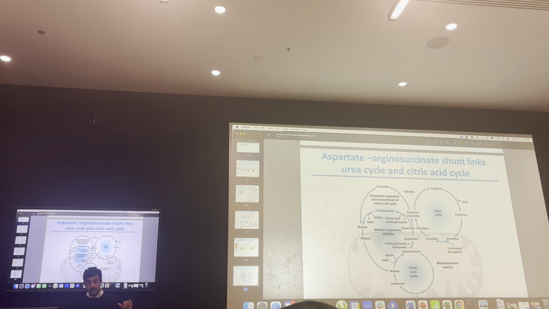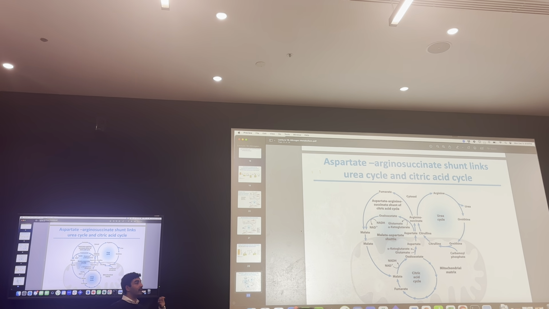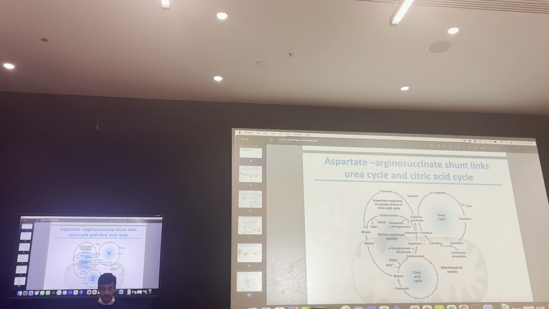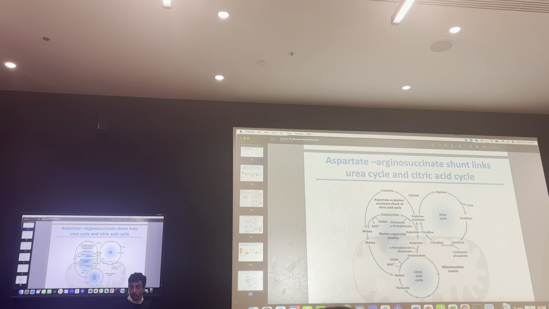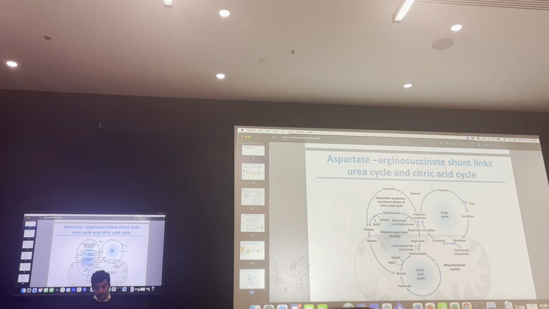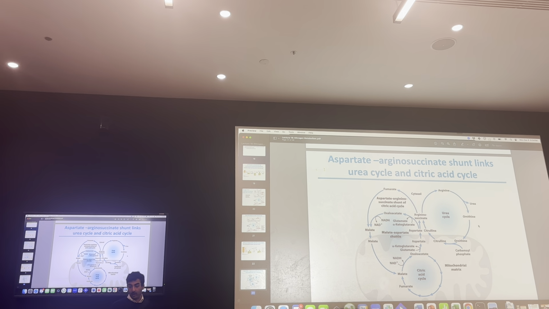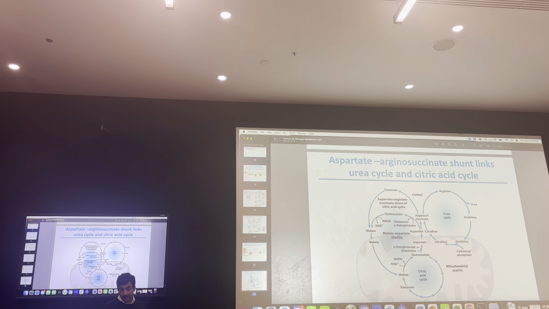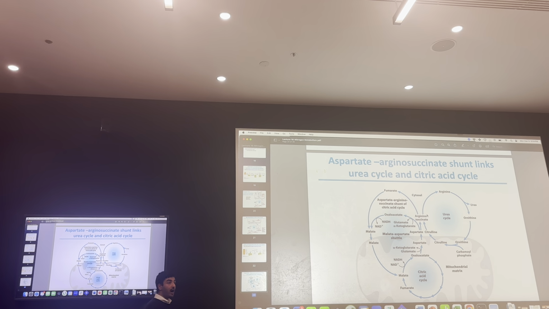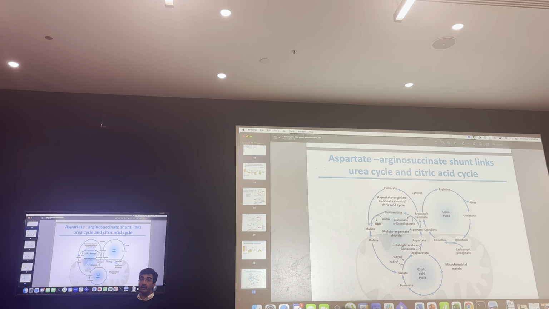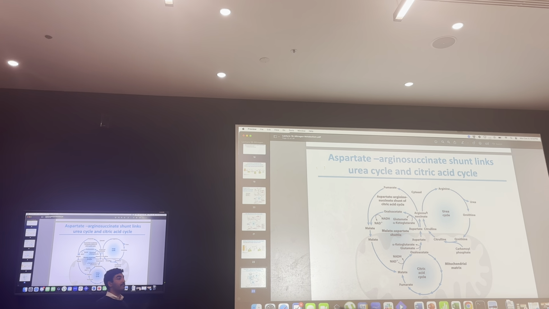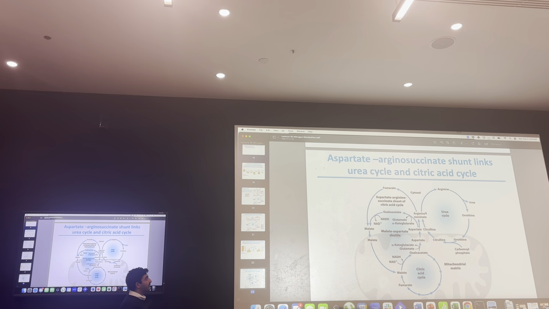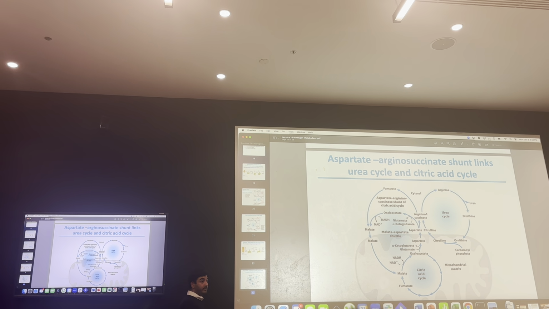Either it is used to transport electrons when it is reduced to form malate, or alternatively, it could be used to generate argininosuccinate, at which point we cleave off the carbon backbone and regenerate cytosolic fumarate. So we're not just seeing mitochondrial fumarate concentrations, we're also seeing cytosolic concentrations here.